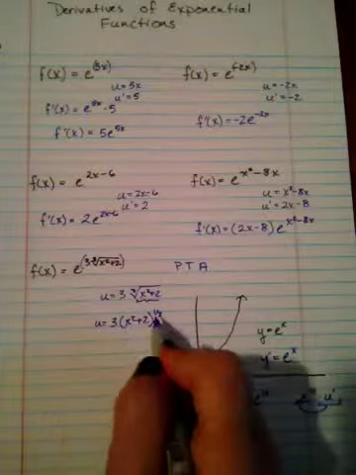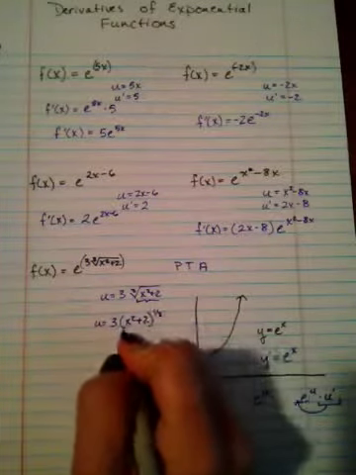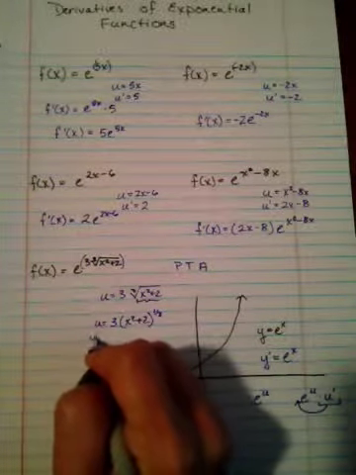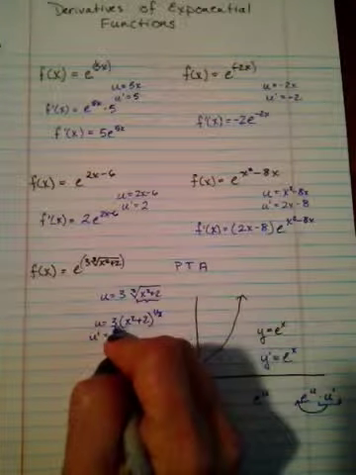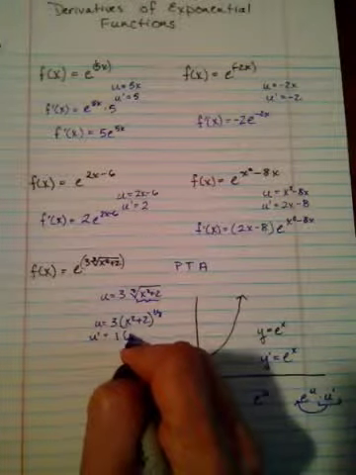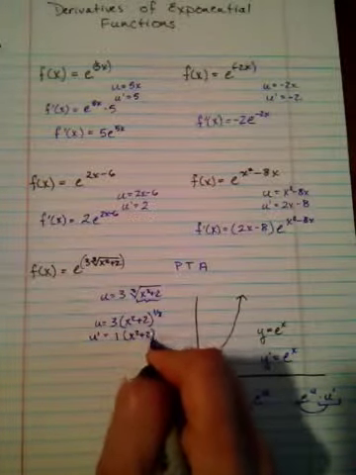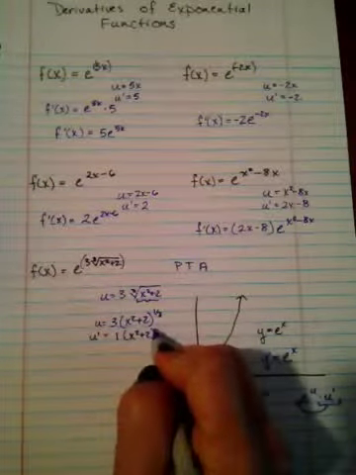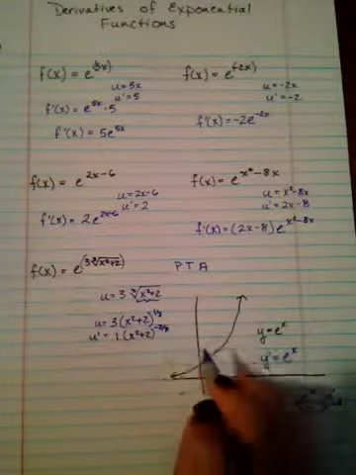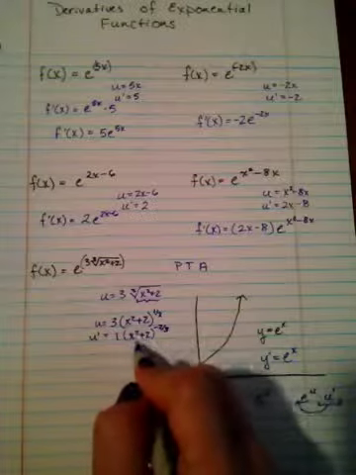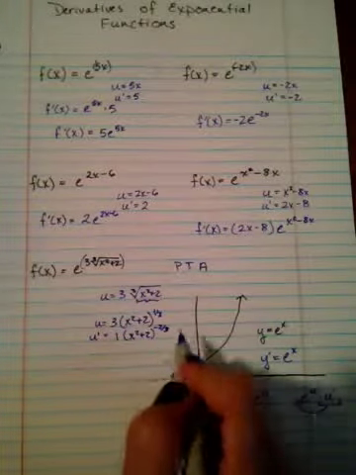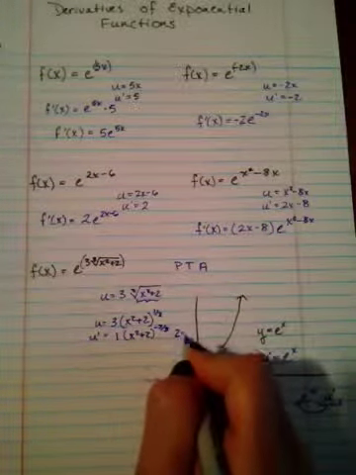So now when I do my u prime, I'm going to deal with my power here. So u prime equals 1/3 times 3 is 1, x squared plus 2, I have to subtract 1, so to the negative 2/3, times the derivative of my argument, the inside, which is a 2x.